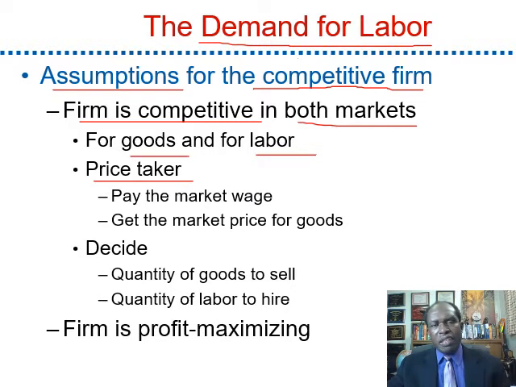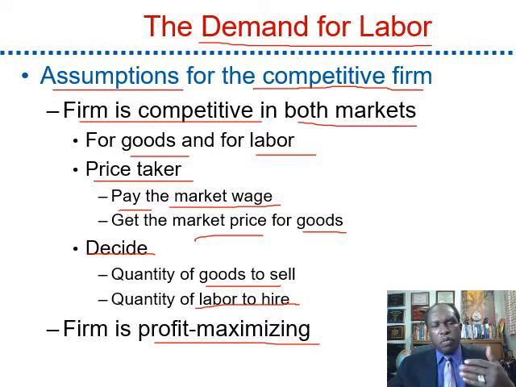They take the price as given, meaning you have many buyers and many sellers in both markets. They pay the market wage, and they also receive the market price for the good. They decide what quantity of goods to sell and what quantity of labor to hire. And a firm is also a profit-maximizing firm. They try to maximize profit.